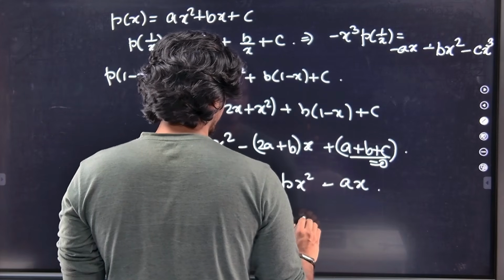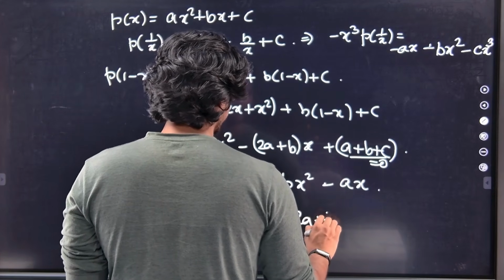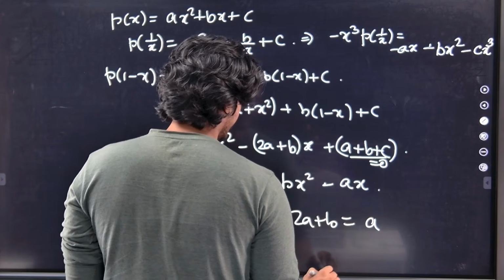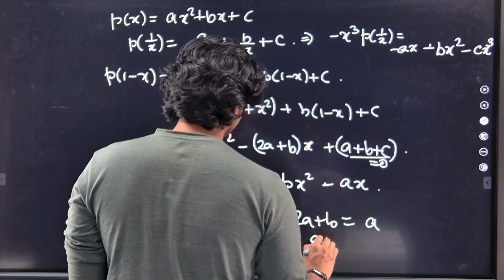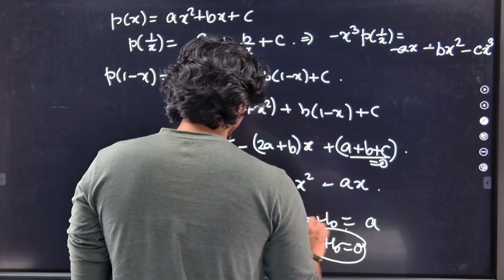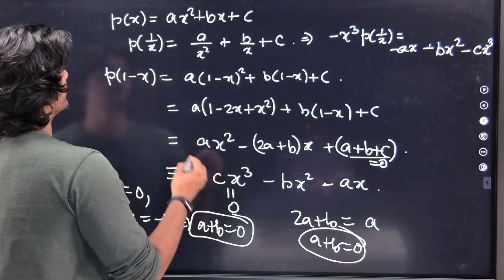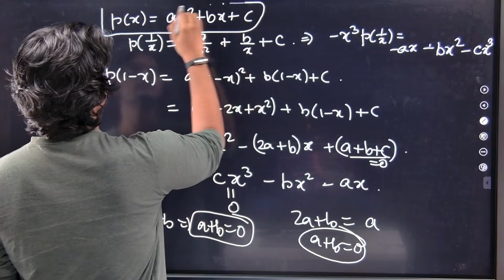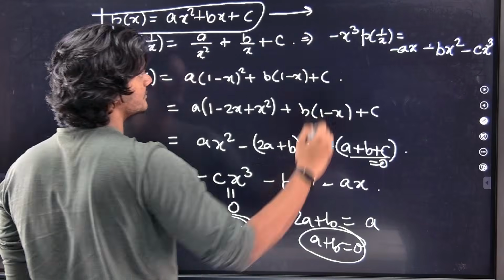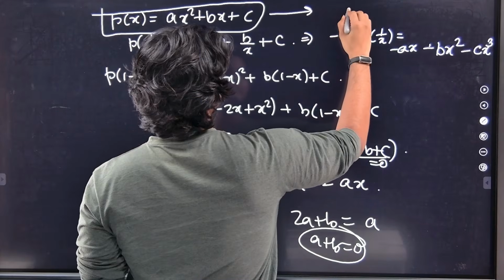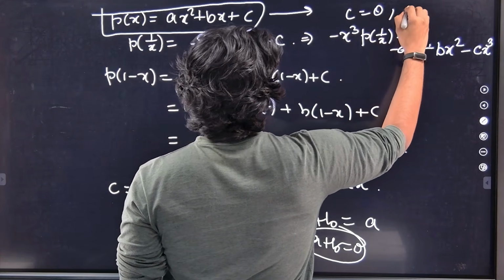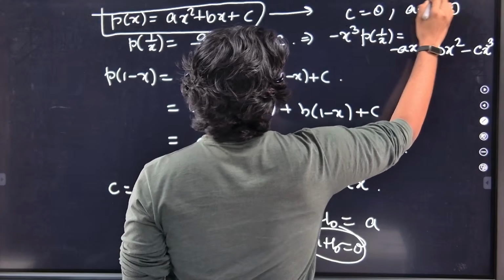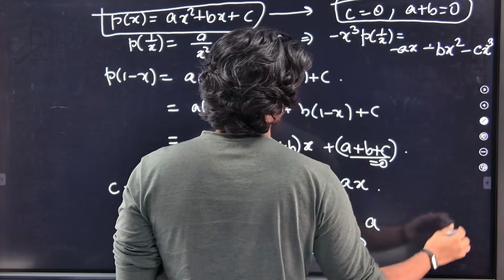And 2a plus b is equal to a, which simply again means a plus b equal to 0. So that is the condition. The only condition for the least degree polynomial to satisfy that is c is 0 and a plus b is 0. This is the condition, right?